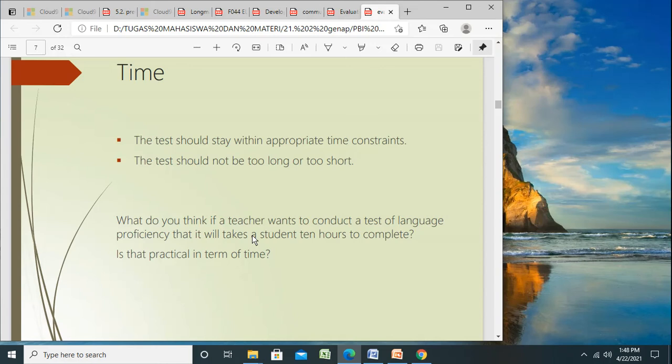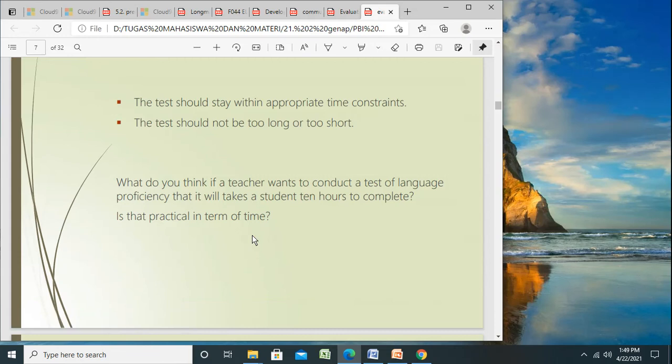But if you want to test your students with just 10 or 20 items, it's a medium time, I think.